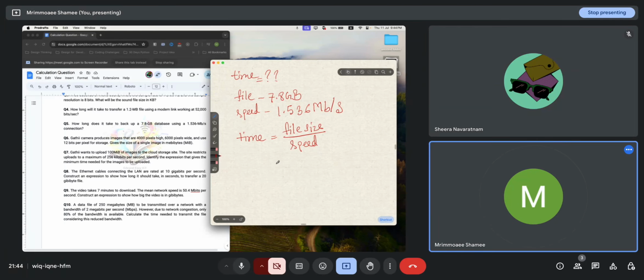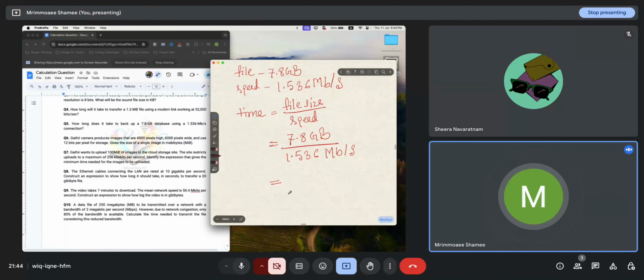Now what will be the file size? File size is 7.8 gigabyte and the speed is 1.536 megabyte per second. So we will do the same thing here as well. We just want to shift this giga.